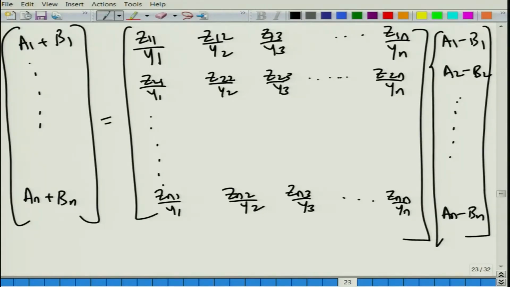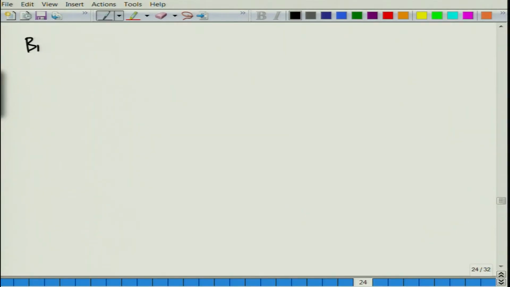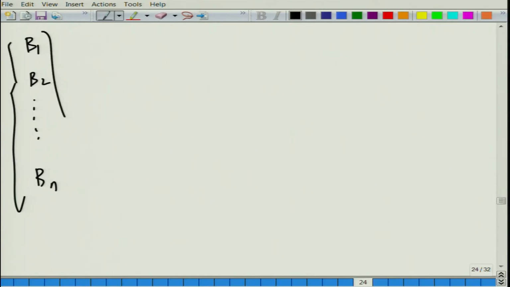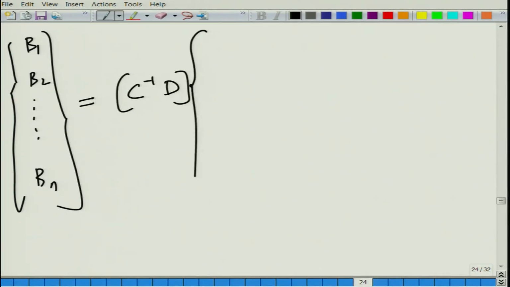What we now basically do is rearrange a few terms. So what we can do from here is arrange terms like B1, B2, BN, and this can be rearranged as C inverse D times A1, A2, AN.